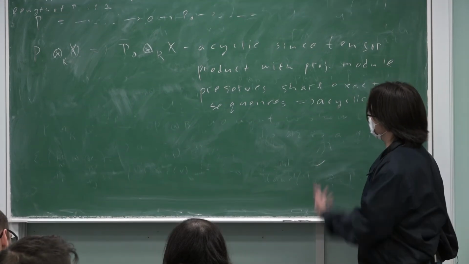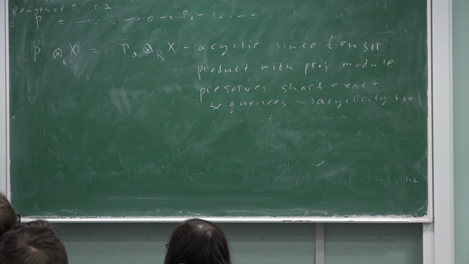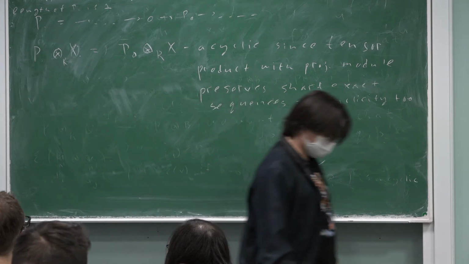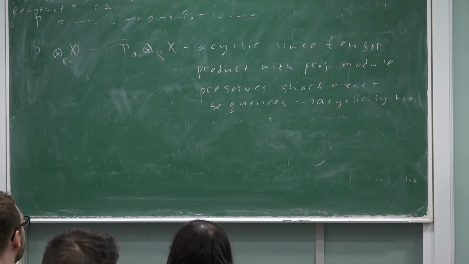This fact that tensor with a projective module preserves short exact sequences can be proved first for free modules where it's obvious, and then you simply use the fact that a projective module is a direct summand of a free module.